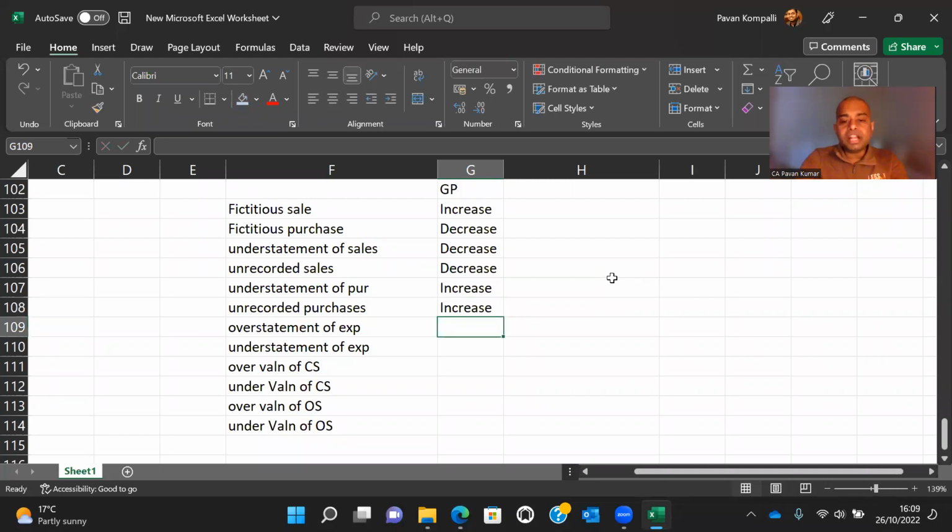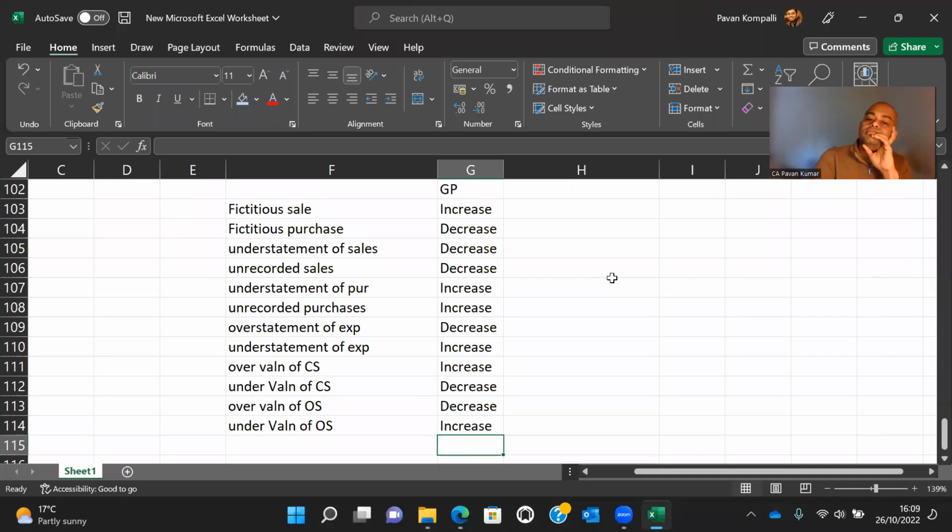Increase. Overstatement of expenses will decrease profit. Understatement of accruals will increase profit. Overvaluation of closing stock, increase. Undervaluation of closing stock, decrease. Overvaluation of opening stock, decrease. Opening stock undervalued, increase.